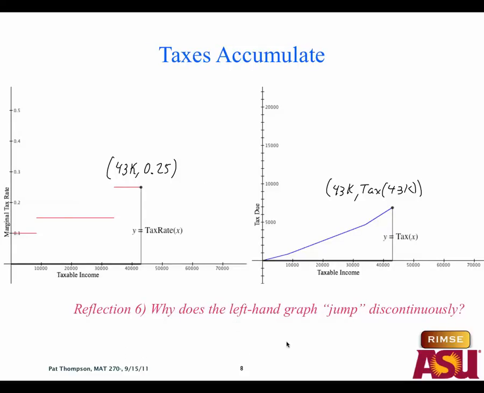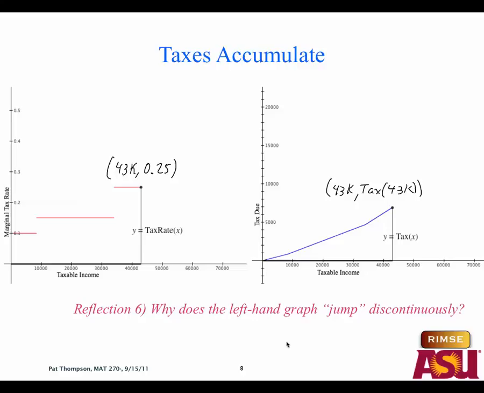Why does the left-hand graph jump discontinuously? So we get this level, and we get a jump. And then we get a level, and we get a jump. We have a constant rate, then suddenly we come to the next dollar, and suddenly the rate is a higher constant rate.